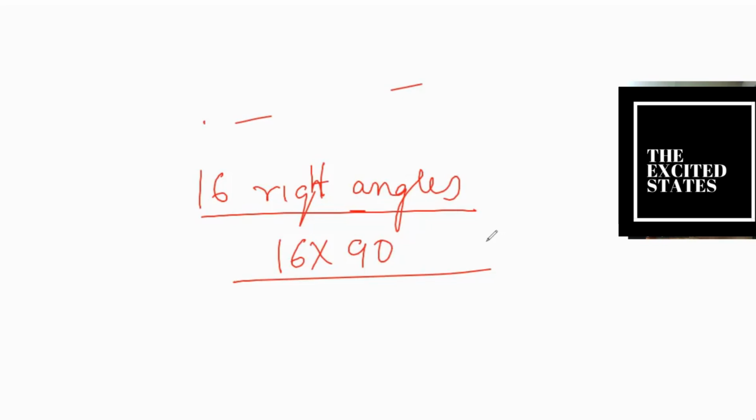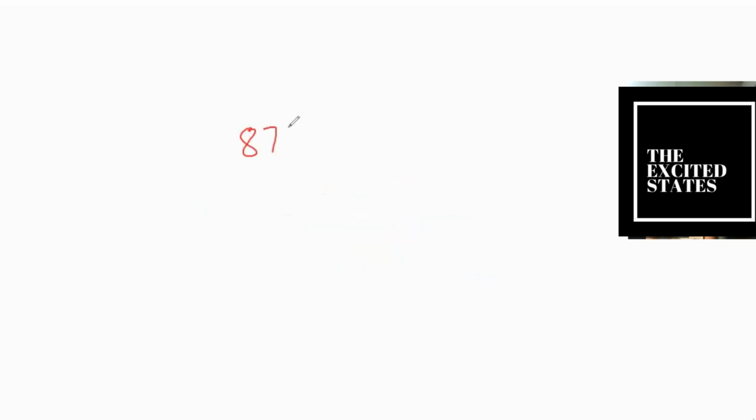Now tell me, is it possible to have a polygon whose sum of angles is 870? If I say the sum of angles of a polygon is 870 degrees, is it possible to have this polygon? See, you will try to find out the number of sides.